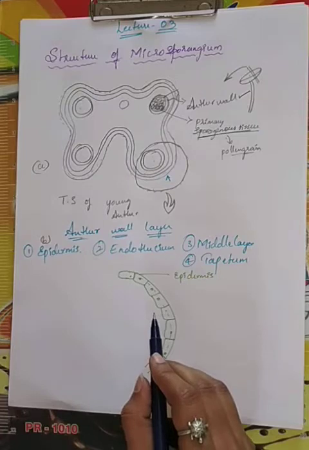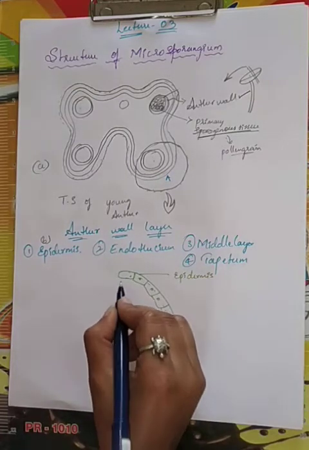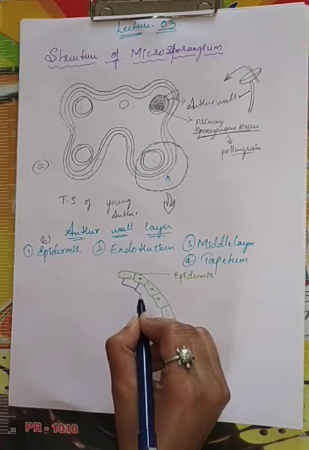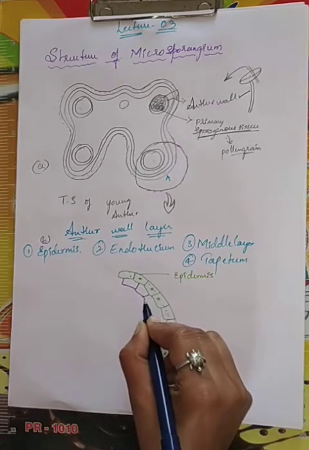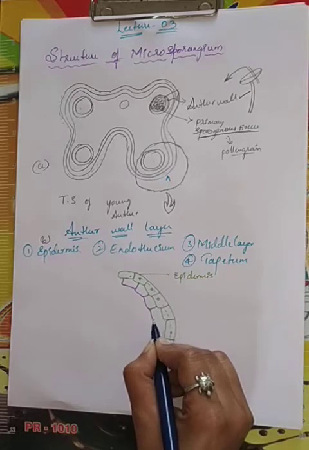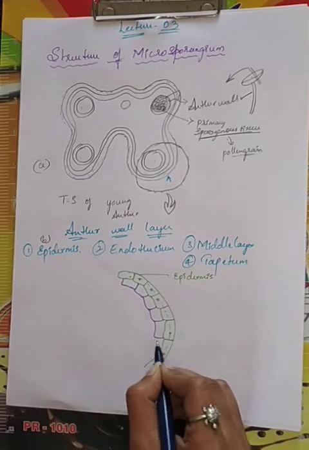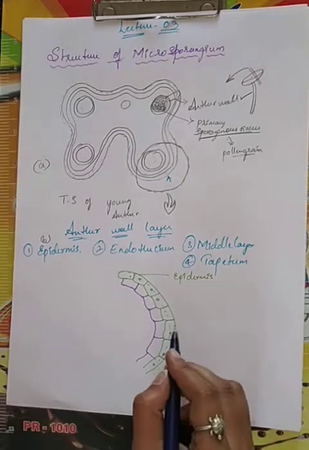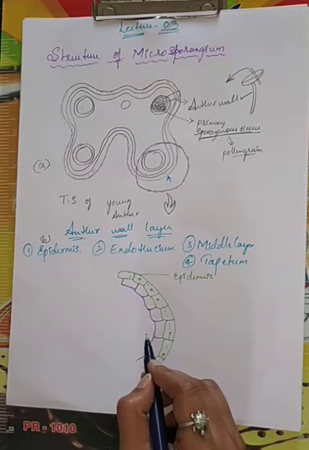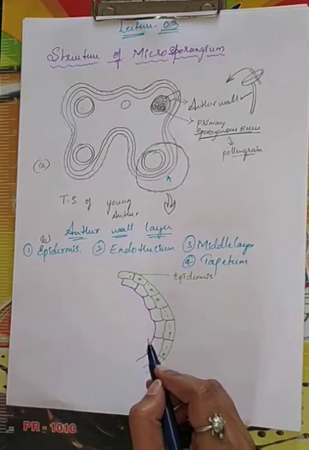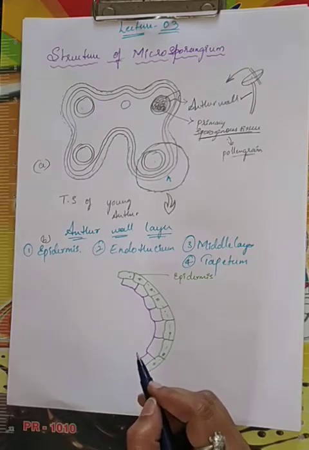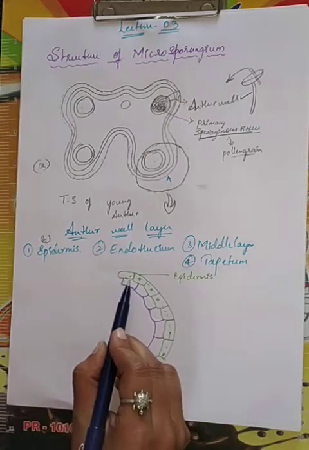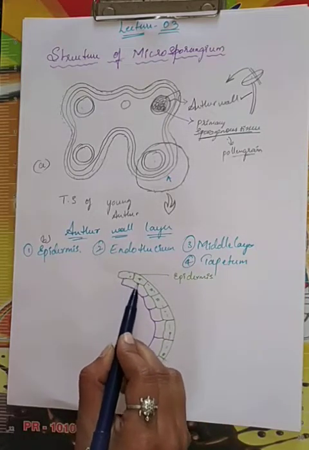Endothecium is present just below what? The epidermis. This is the endothecium wall layer. Now here, if I draw, the outer layer of the endothecium will be very light.